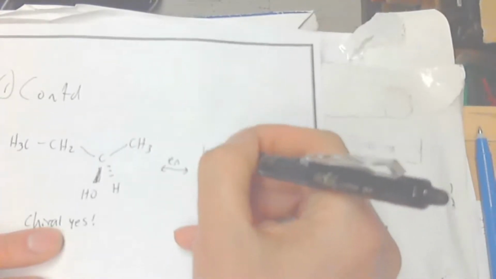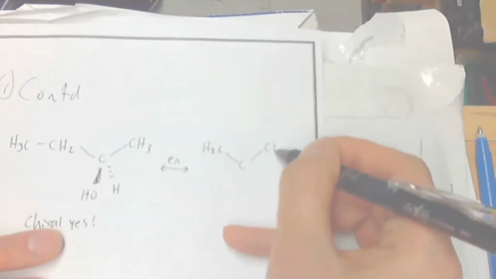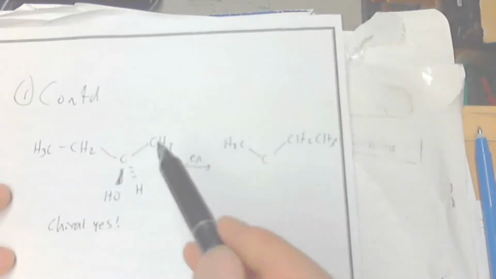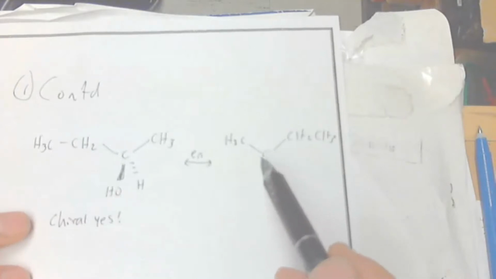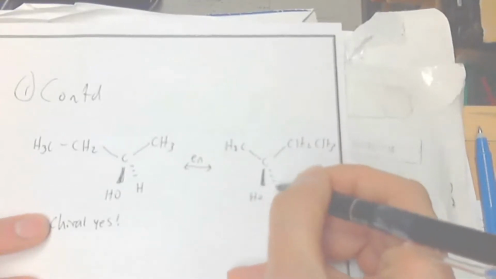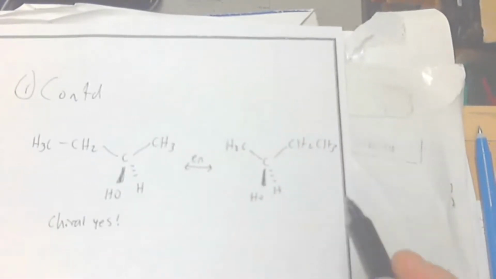The mirror image is going to look like CH3, C, CH2, CH3. It's like I'm standing over here, looking at this thing through a mirror, and as I do that, the hydroxy group is still coming down this way, and the H goes the opposite way.